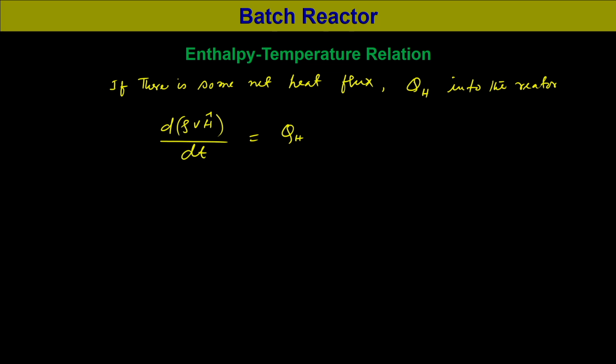Now, since V is constant, we can write d rho H cap dt would be QH by V, since V is constant.